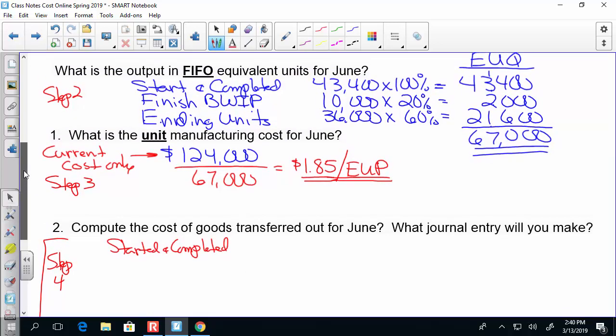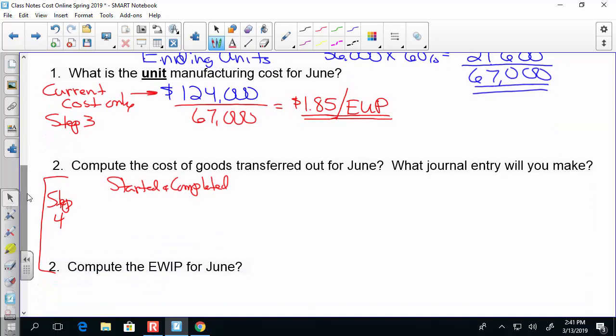We had 43,400 equivalent units times our $1.85 equals $80,290.